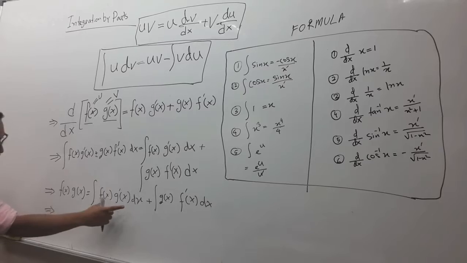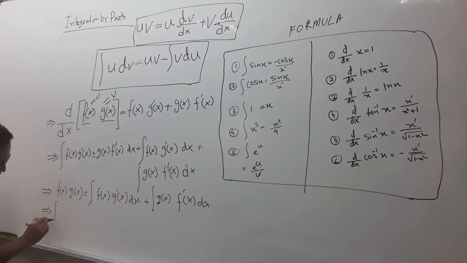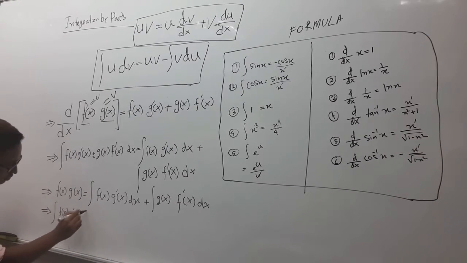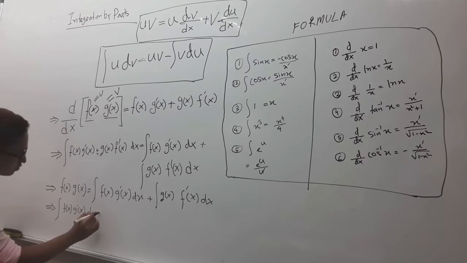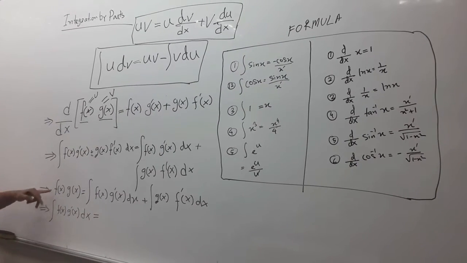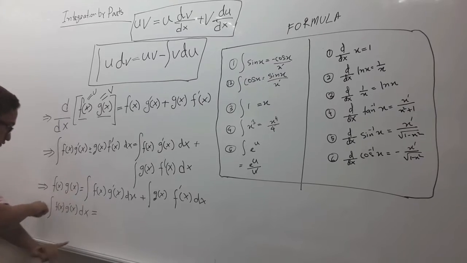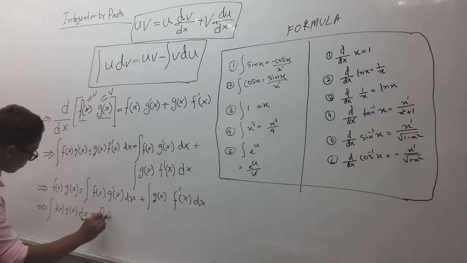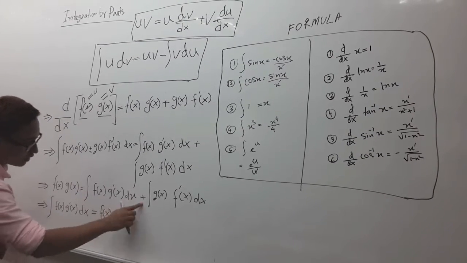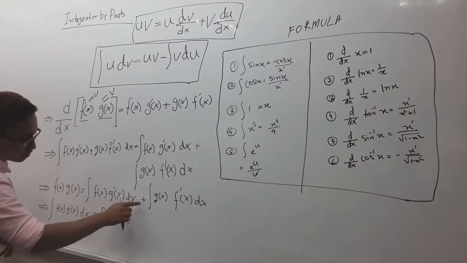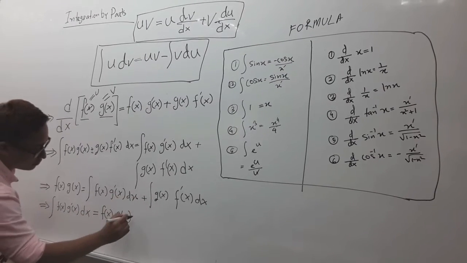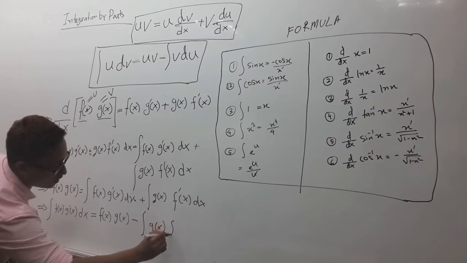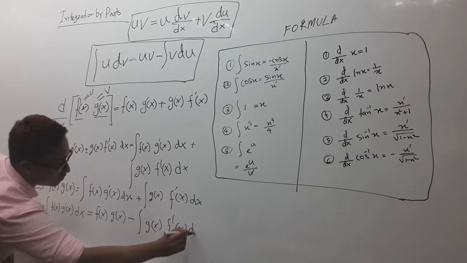So integration of f of x g prime x dx equals, if I move this one, as this one is positive, it is going to be negative, and so the negatives cancel out and it is going to be positive f of x g of x, and as this one is going to be negative, this term will change as well: minus integration of g of x f prime x dx.